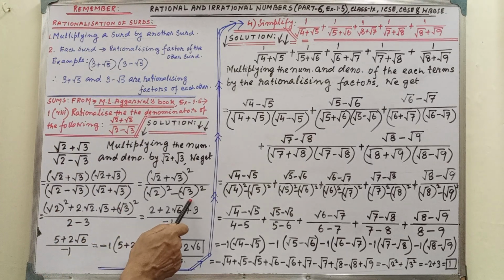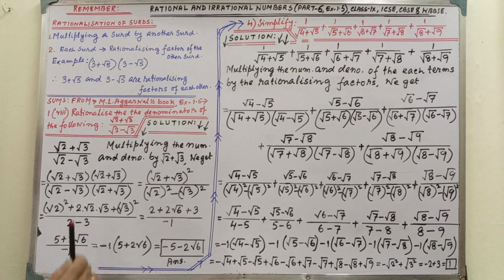And in a square minus b square, the root and square will be eliminated, then it will be 2. Here also root and square will be eliminated, then it will be minus 3. Then 2 plus 3 is 5, and 2 into root 6. And 2 minus 3 is minus 1.